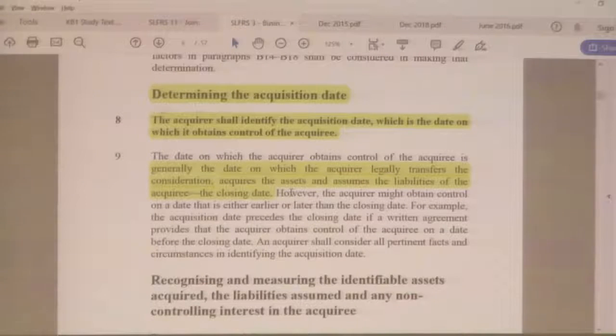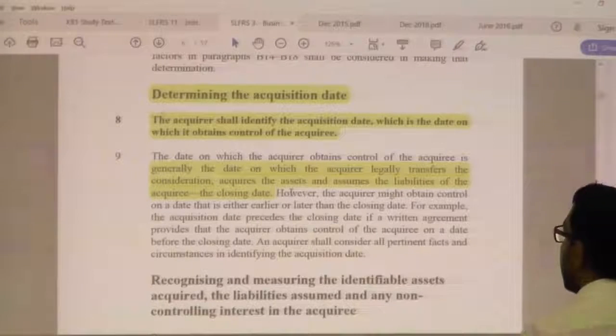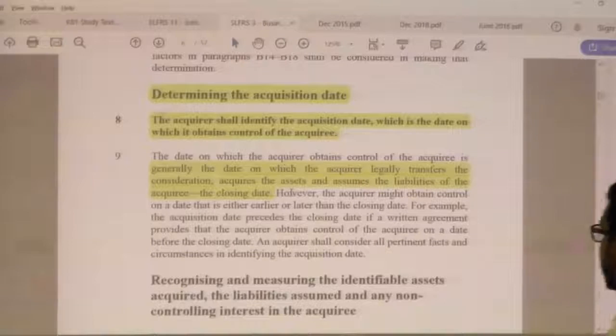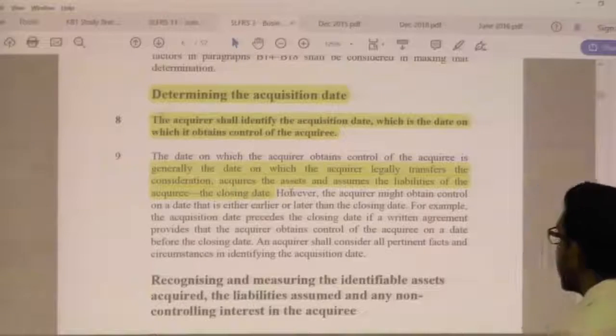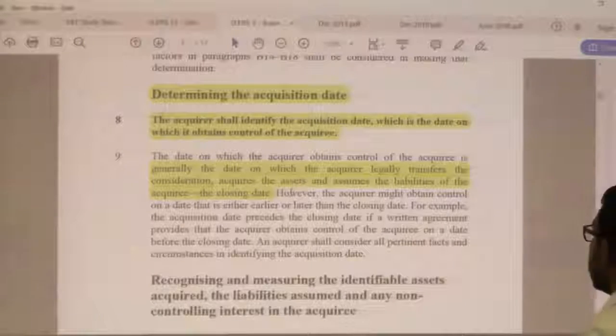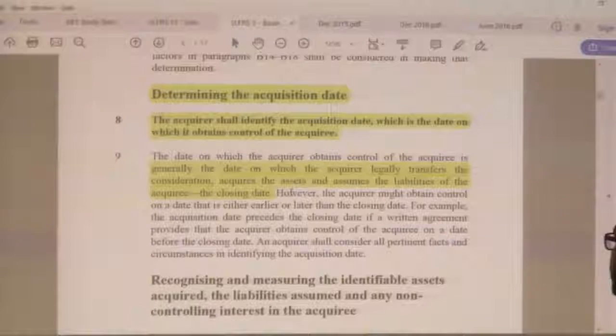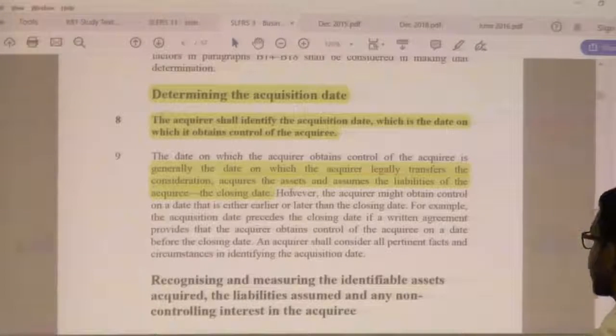Then para 9, read it. The date on which the acquirer obtains control of the acquiree, which means parent in subsidiary, is generally the date on which the acquirer legally transfers the consideration, acquires the assets and assumes the liabilities of the acquiree, the closing date.